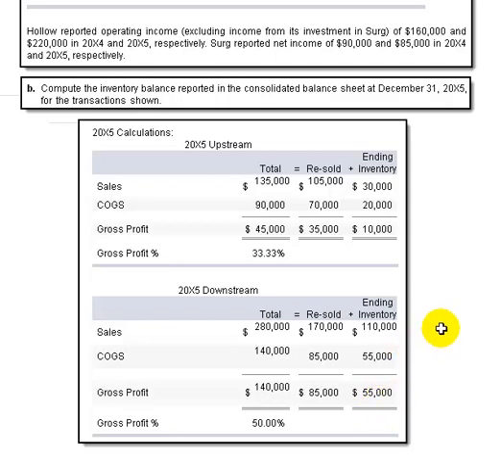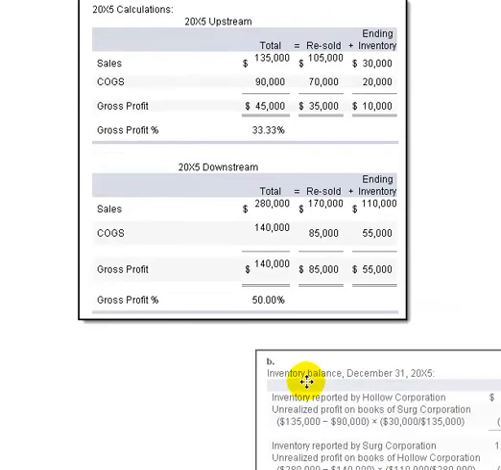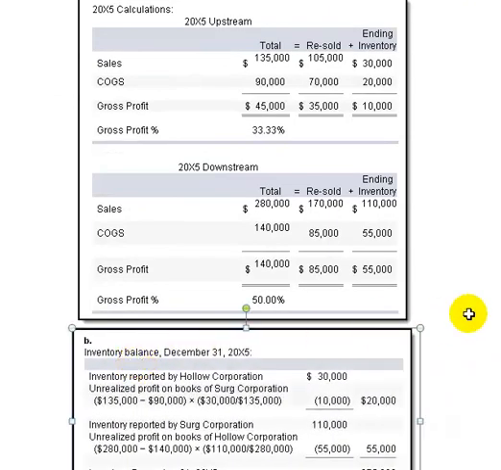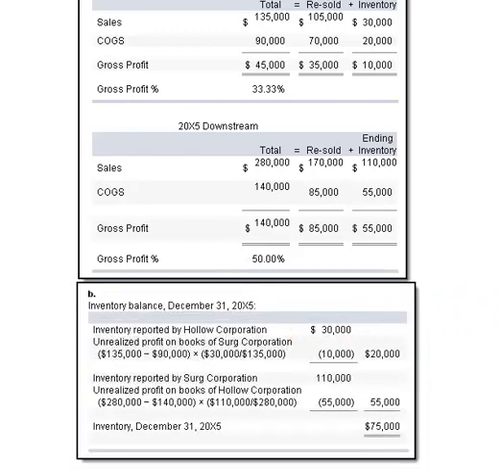So now to calculate the inventory balance in the consolidated balance sheet, we have to use this kind of logic. Let me slide a little bit more. Hopefully we can get this all on the screen here. The inventory reported by Hollow was $30,000. Right?